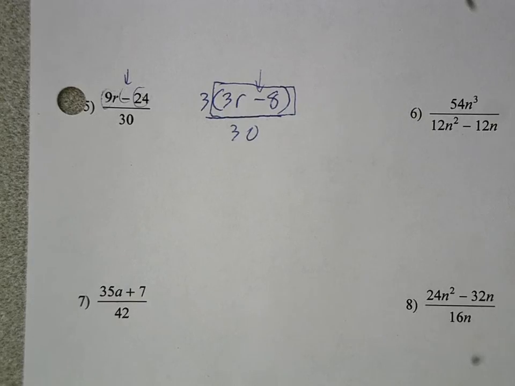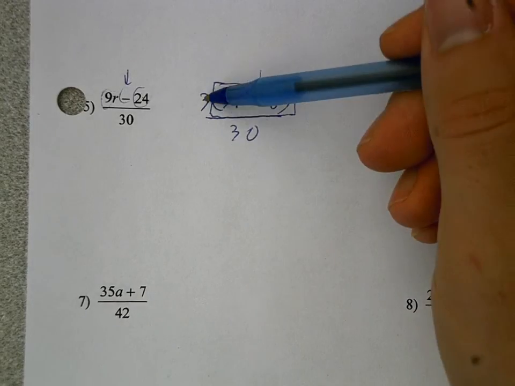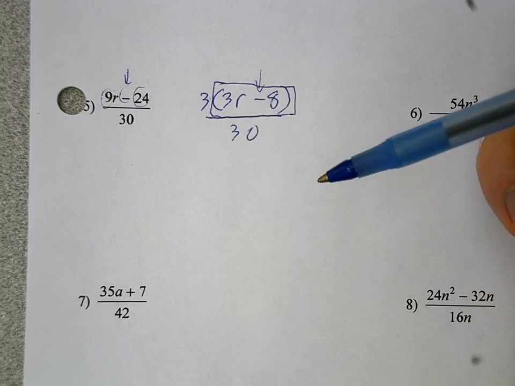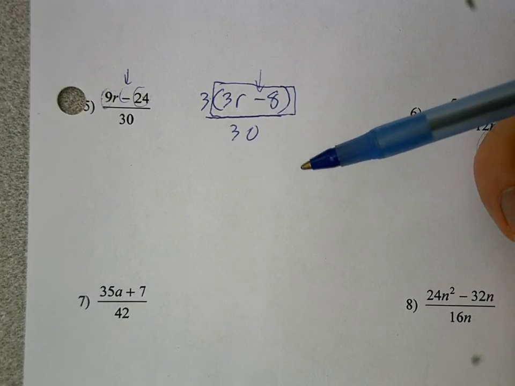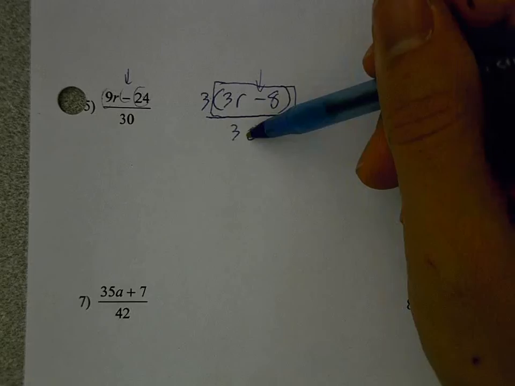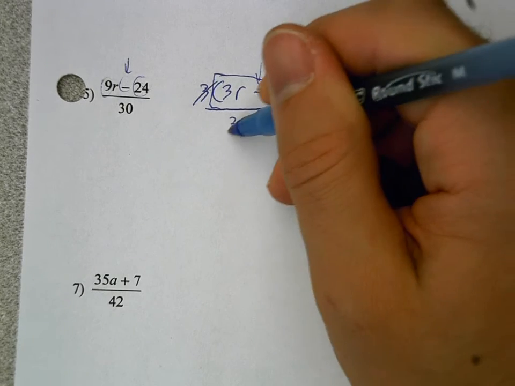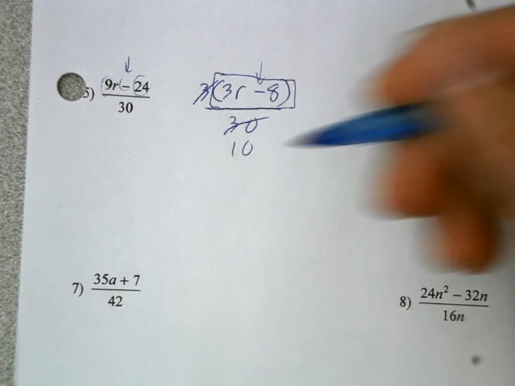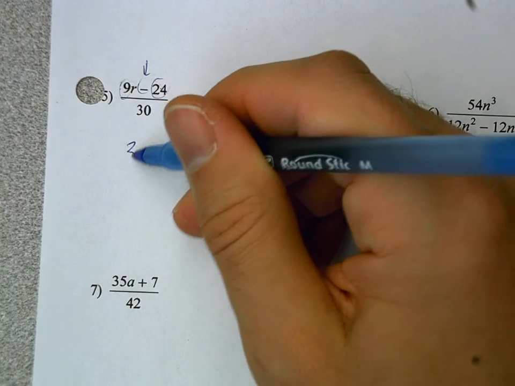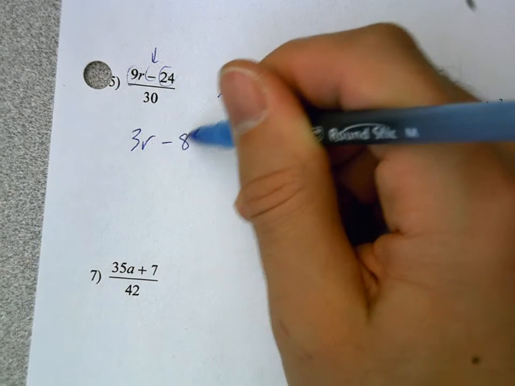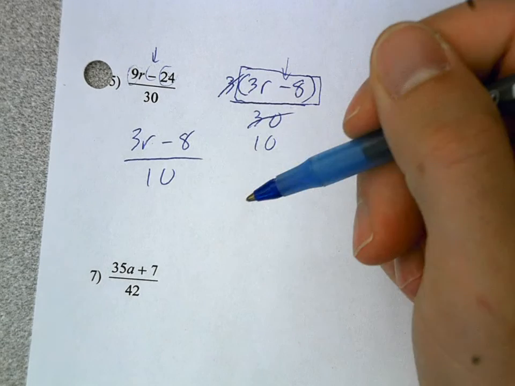I cannot cancel out parts of it. But I can cancel out the number that's multiplied out in front. So you just divide 3 by 30? Yep, 3 and 30 are both divisible by 3. I can cancel that out. 3 goes into 30 10 times. This reduces to 3r minus 8 over 10.